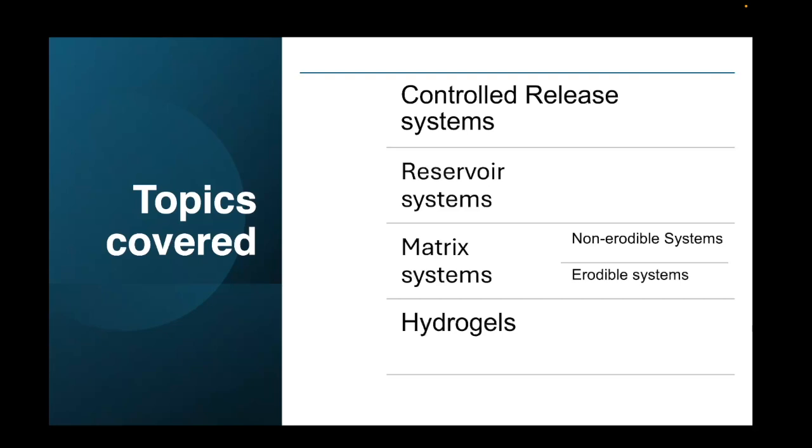And matrix systems are systems where the drug is dispersed throughout a polymer matrix, which can be either non-erodible or erodible.